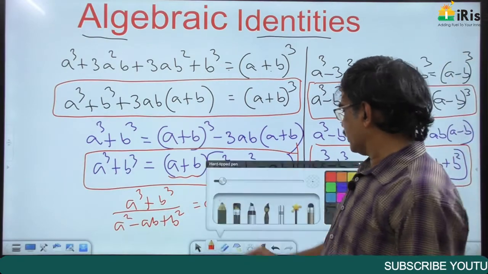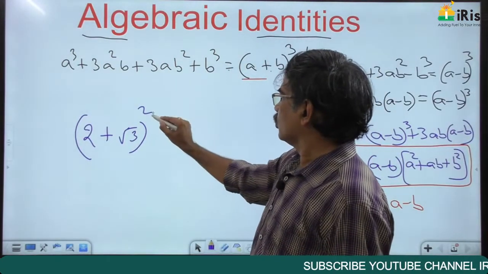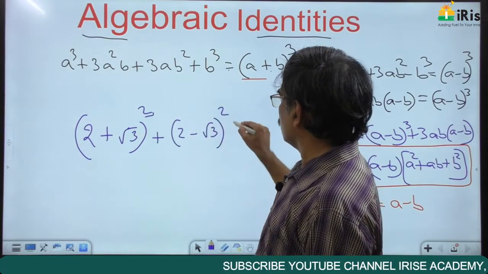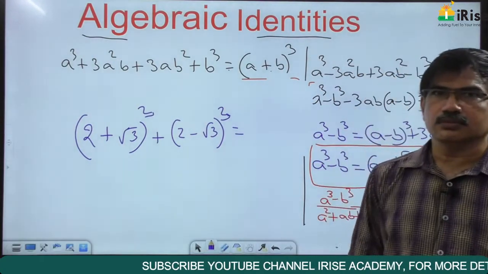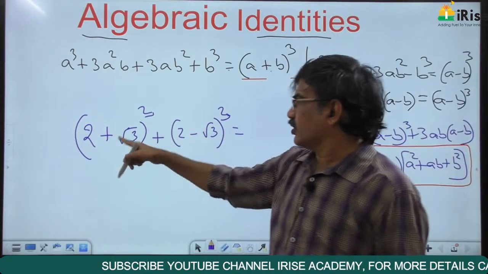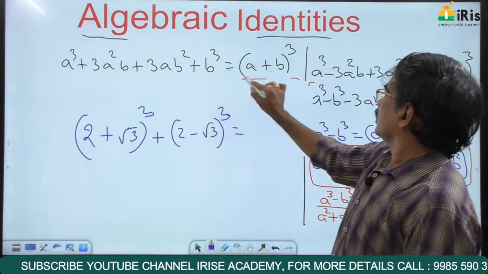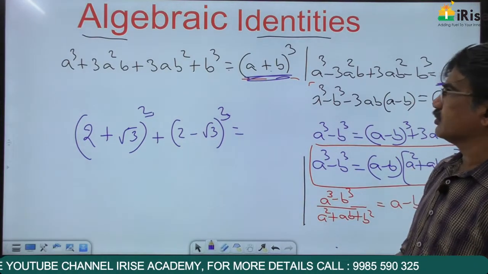For example, if a question is given like this, (2 plus root 3) whole cube plus (2 minus root 3) whole cube is equal to how much? If you know the formula, the problem becomes very easy. (a plus b) whole cube plus (a minus b) whole cube is equal to how much?